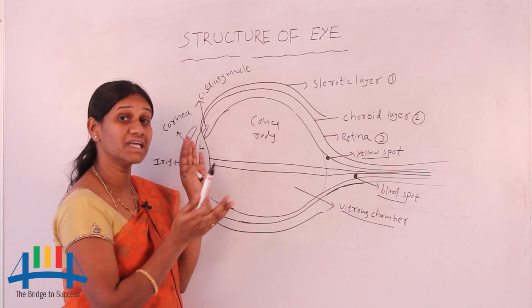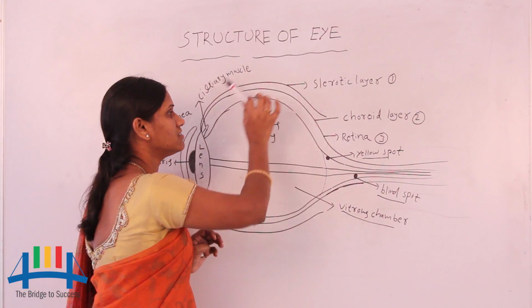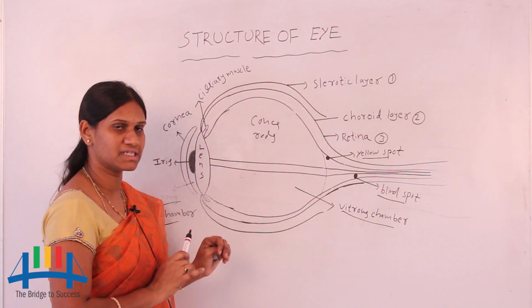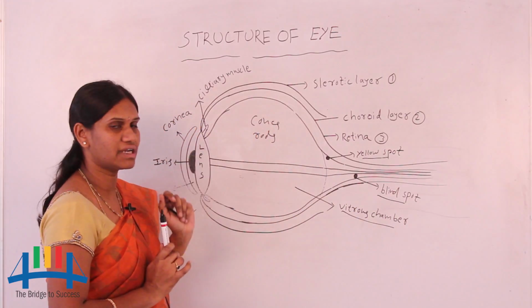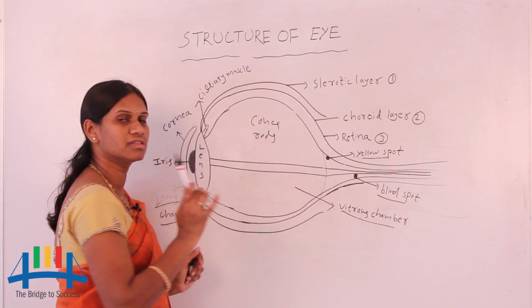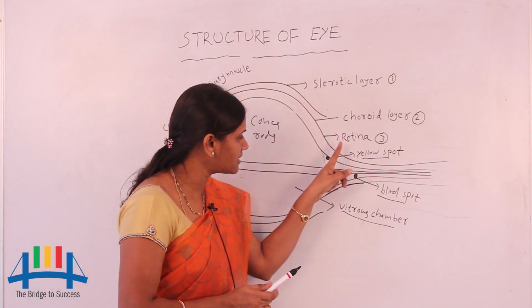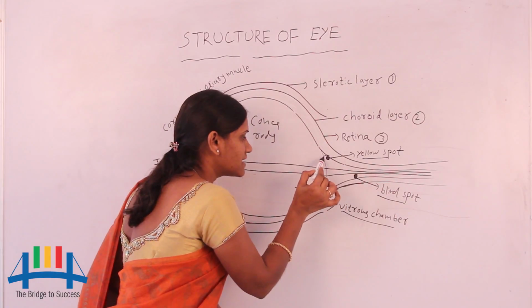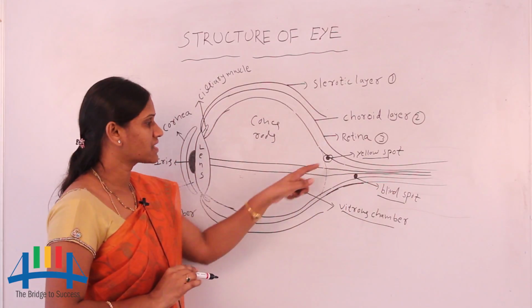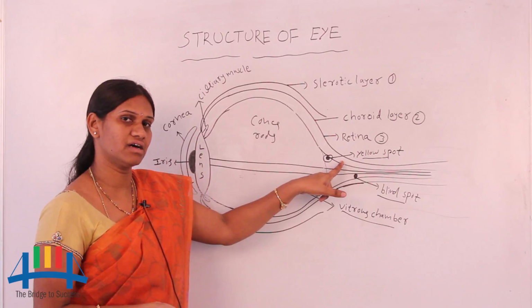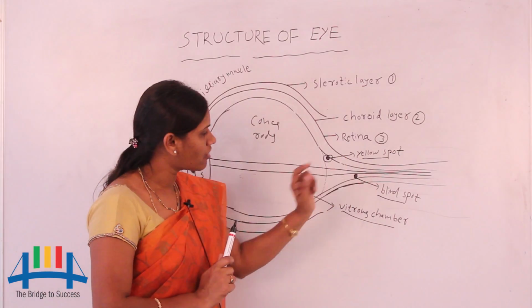The eye is one of the organs, and in that organ all these tissues and cells are present. The cells are called cones and rods. The cones are present in a very large number in the yellow spot. It is very active in analyzing the image of any object.